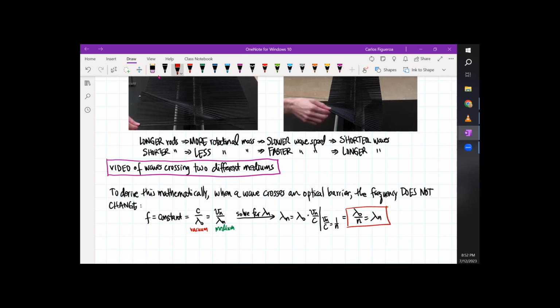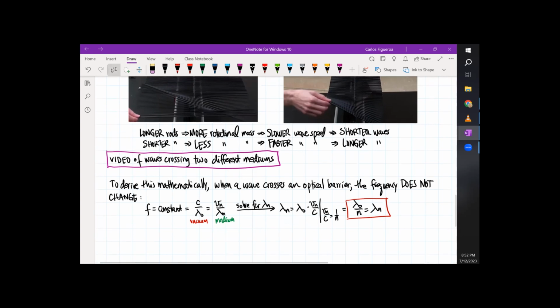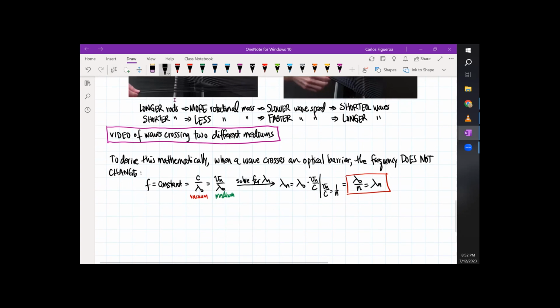And you could see here that the wavelength in a medium is dependent on 1 over the index, which is exactly what we saw on the video. Why did we exactly see this? Because check this out. If I have a higher index, then we had smaller waves.